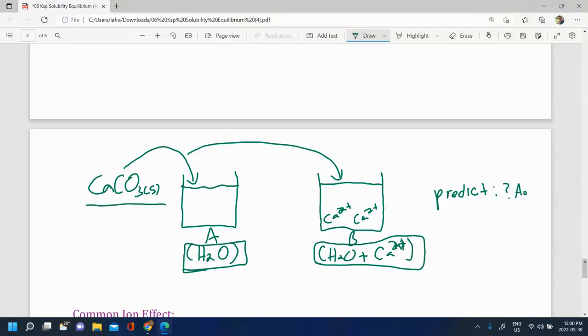A or B, which can dissolve more? And then let's go and do a calculation to see if we can support or refute your prediction. Okay, so write your prediction down and let's go into a calculation.